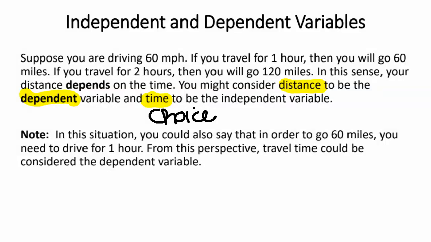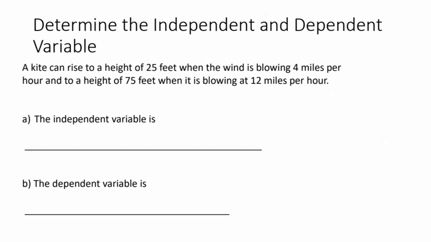So look at the situation, because the situations we're going to come to are going to ask us to determine the independent variable, the dependent variable. And here we go. Determine the independent and dependent variable. Now, okay, you got to kind of think of the situation.